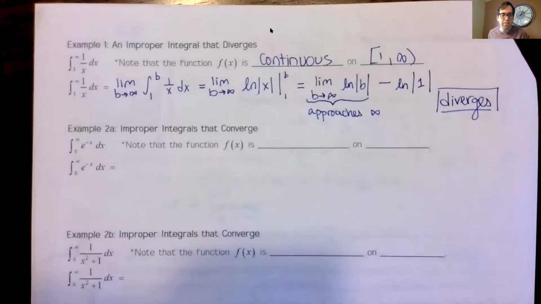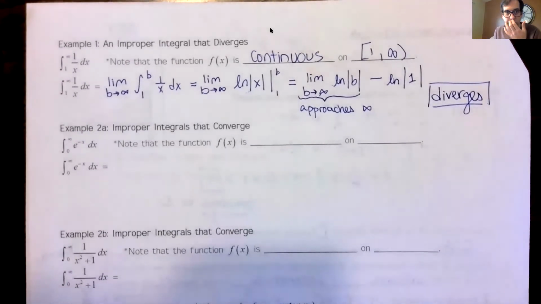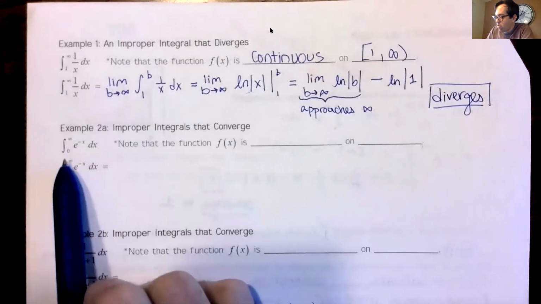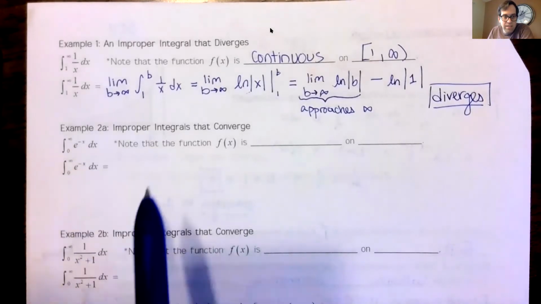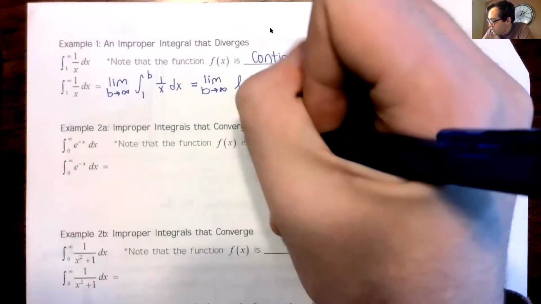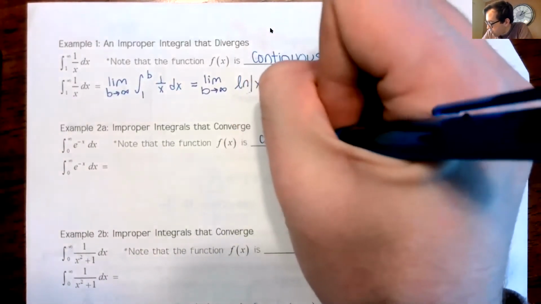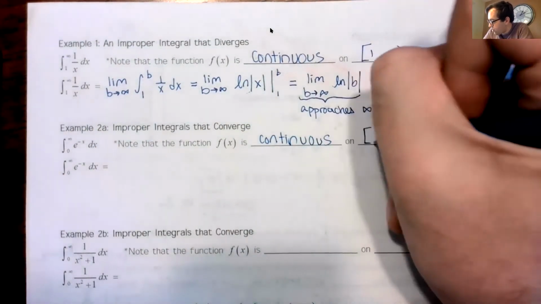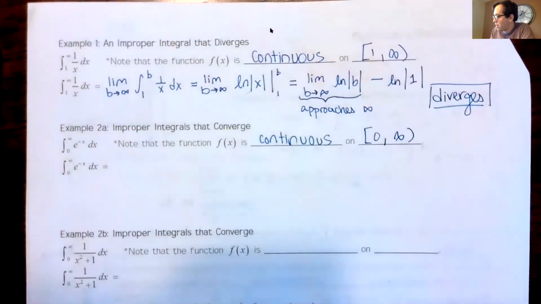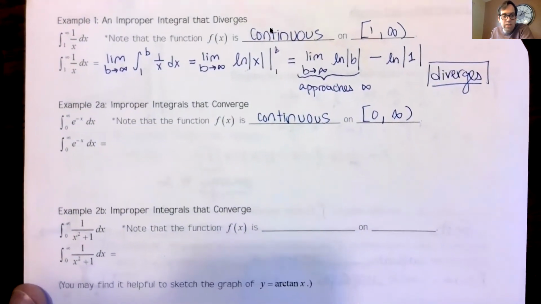What about if an improper integral does converge? Let's check this next one. We have an integral from 0 to infinity of e to the negative x dx. Note that this function is continuous, and we could check that on the graph, so we don't have to worry about breaking it up. We'll see some examples of that later. So let's try this.